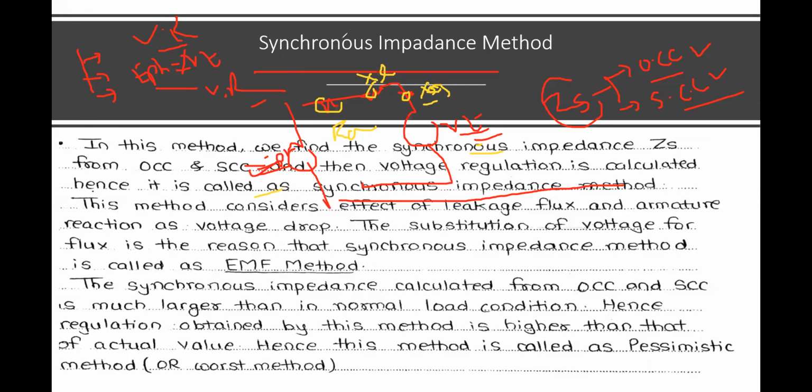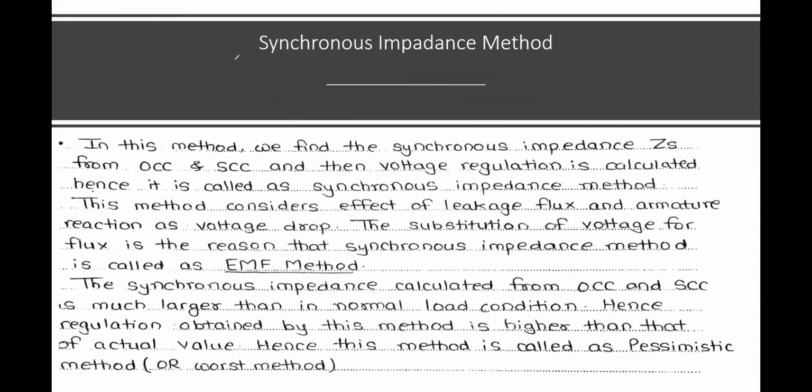Now, how is this concept related with our voltage regulation technique? Because what is our aim? To calculate voltage regulation. In this technique we consider leakage flux and armature reaction as a voltage drop. VT means terminal voltage.